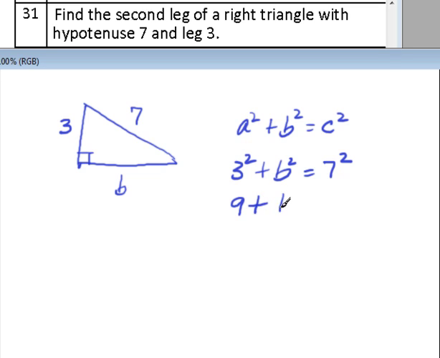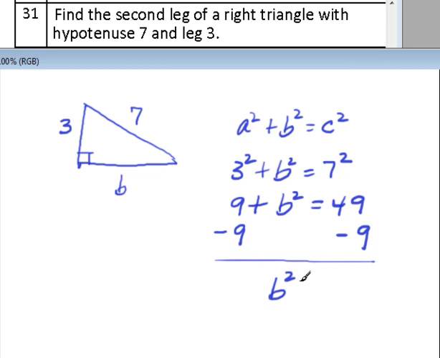That's 9 plus b squared equals 49. Now just subtract 9 from both sides, and we have b squared equals 40, or b is the square root of 40. This can be simplified. 40 is 4 times 10, so we can pull out that 4, and we get 2 square root 10.